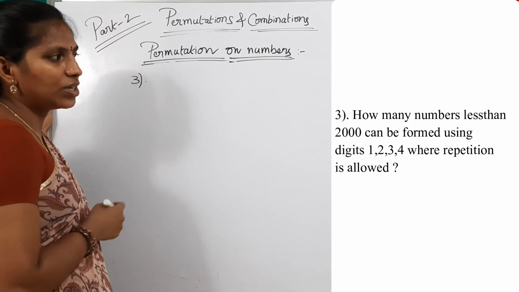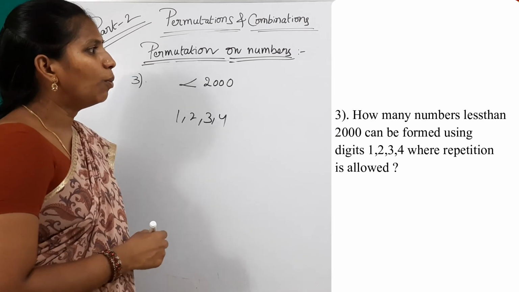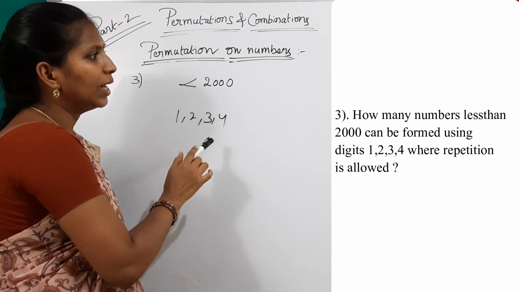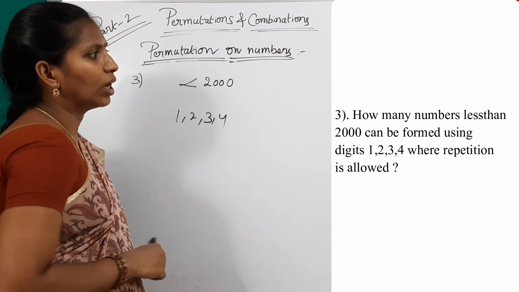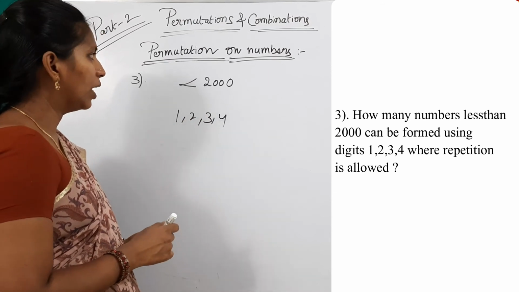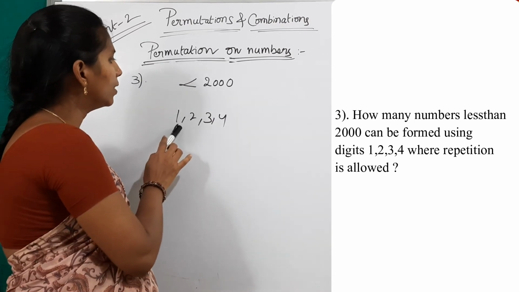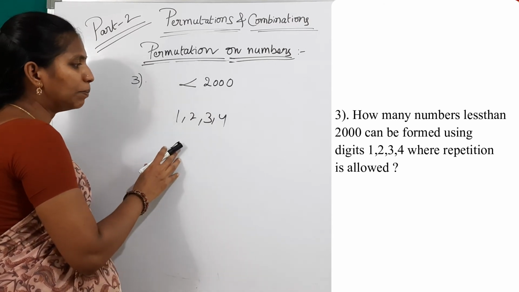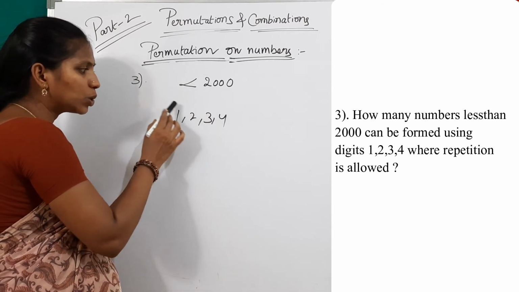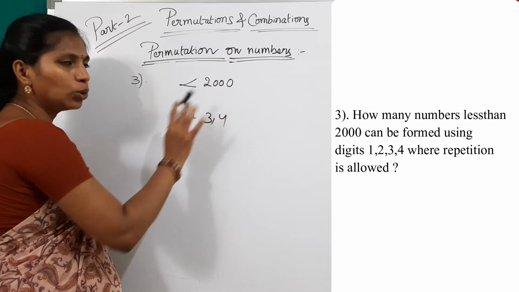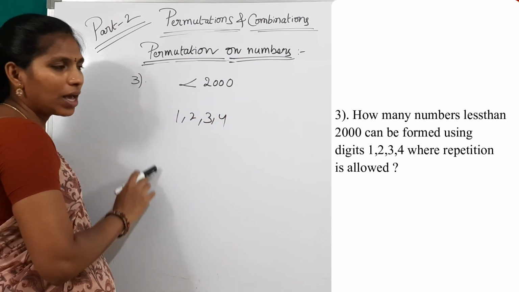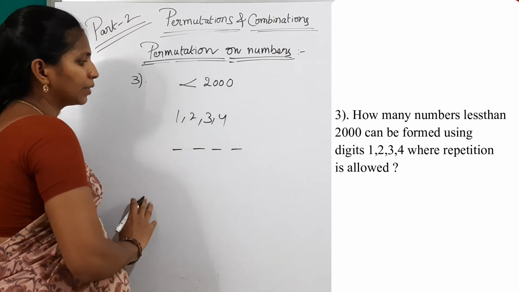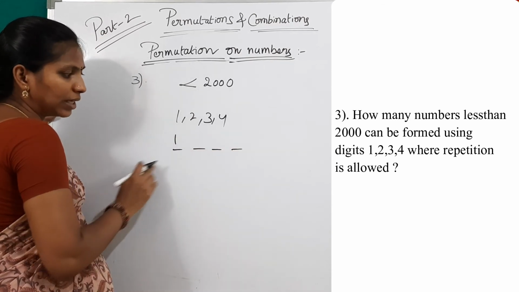Now see the last question, the third question in this video. How many numbers less than 2000 can be formed using digits 1, 2, 3, 4 where repetition is allowed? In these given digits there is a 1. So a 4-digit number which starts with 1 is less than 2000. Fix 1 here at the first place.